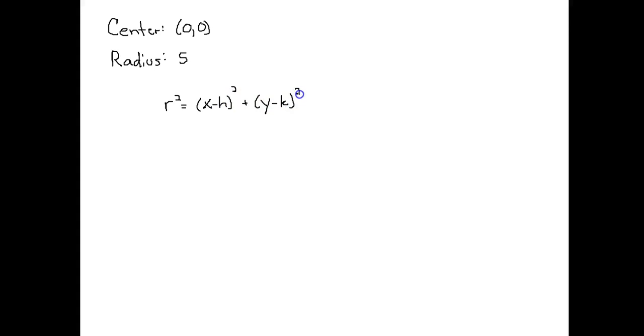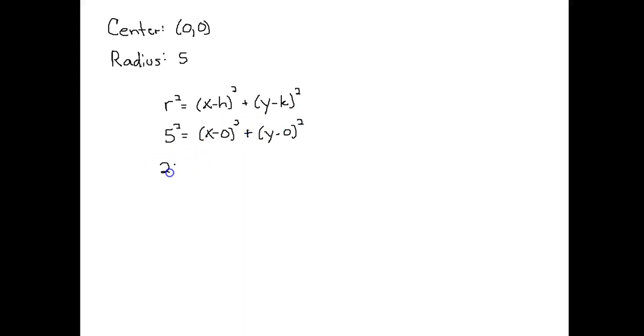Okay. What if your circle has a center at the origin? Well, equations are found the same way. No big deal. Center 0, 0, radius of 5. Okay, r squared equals x minus h squared plus y minus k squared. So 5 squared equals x minus 0 squared plus y minus 0 squared.